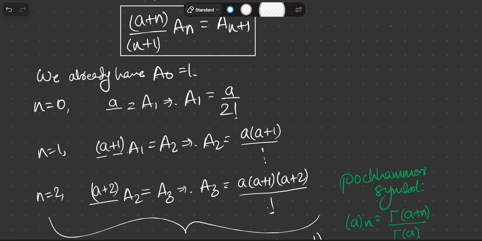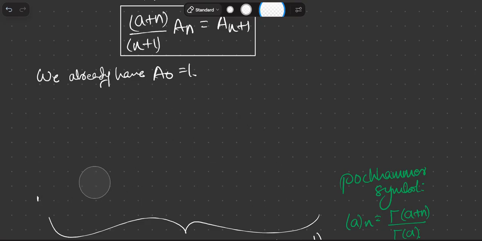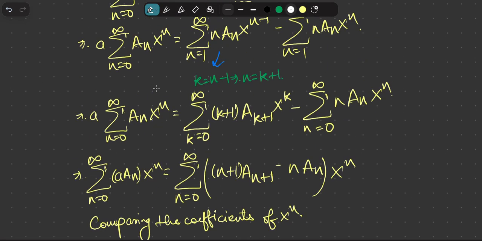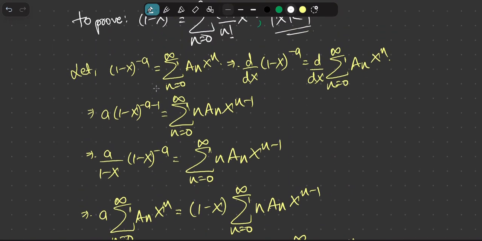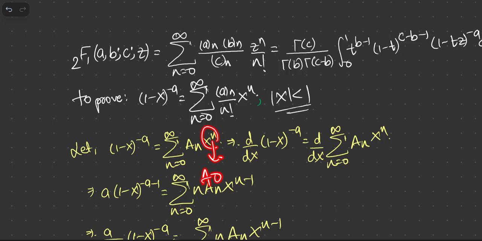Let me explain it to you in detail. Let me erase all the things here, and then we'll talk about them. We have a naught equals 1, and if you are still not able to understand why, basically when we talk about a naught, x is 0.